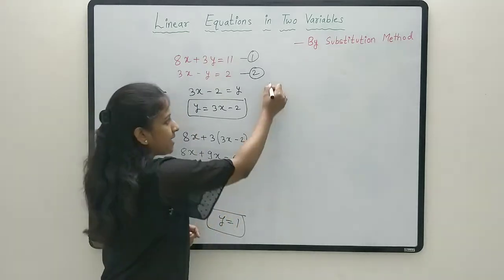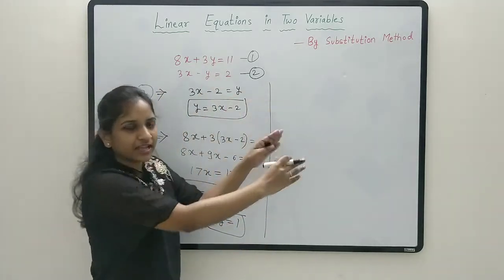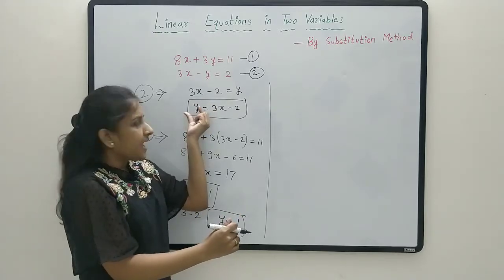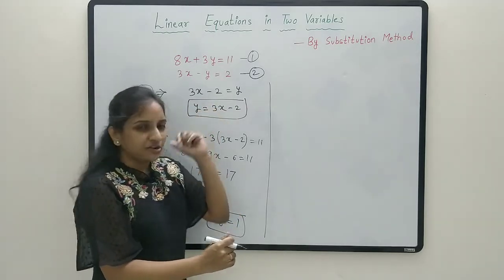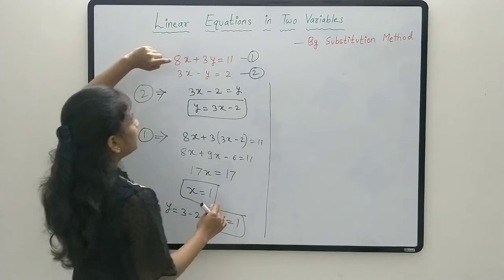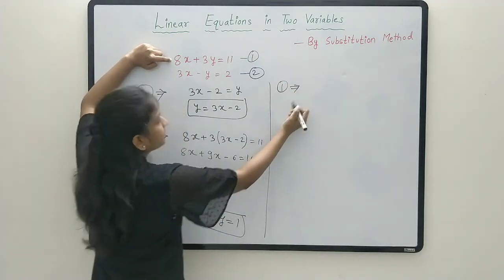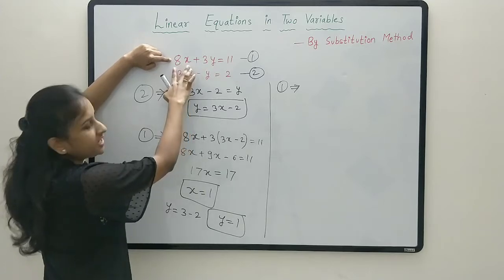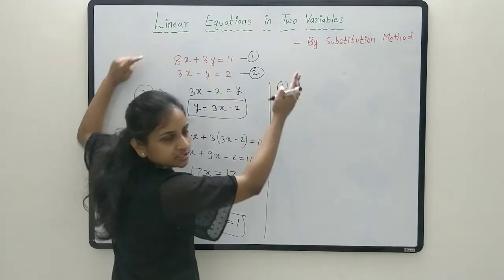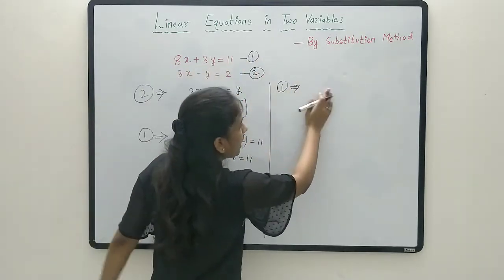Here I am solving these equations again by substituting the x variable value in terms of y. Now let's find the x value from equation 1. Here 8x I am keeping on LHS and sending the rest of the things on RHS.